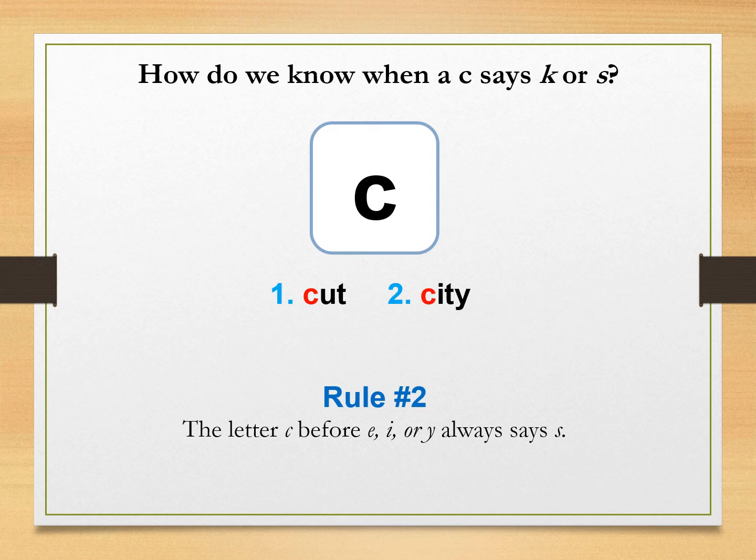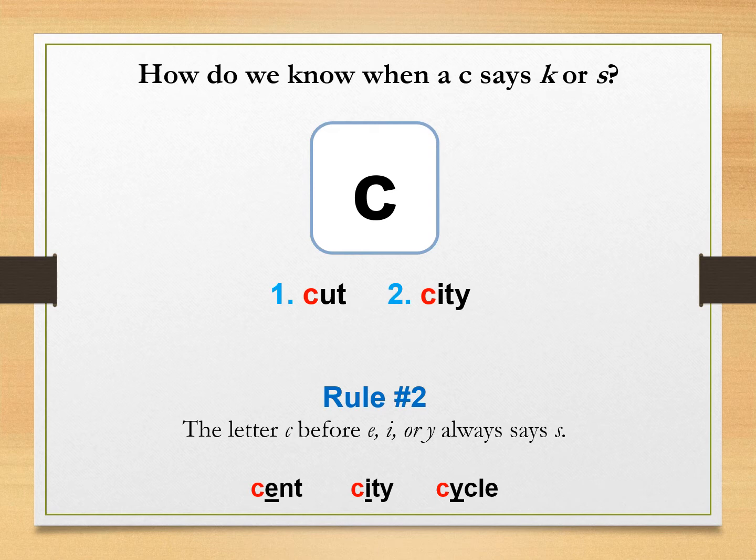There's two parts to this rule, and I'll read you the first part. The letter C before E, I, or Y always says S. Sometimes we call this a soft C, and what that means is that C is making the same sound that an S makes. S. But pay attention because there is a rule. Rule 2.